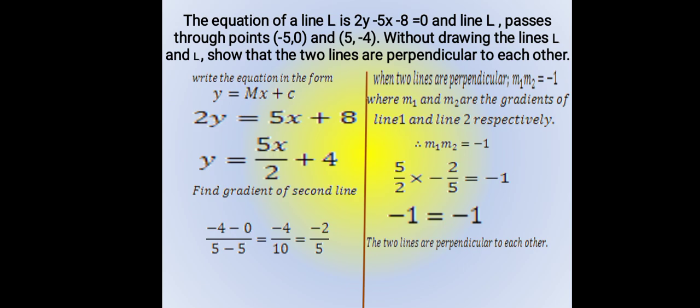So we have our first line with 5/2 as its gradient, and our second line with -2/5 as its gradient. If we multiply those gradients, we find that we have -1. So those lines are perpendicular to each other.